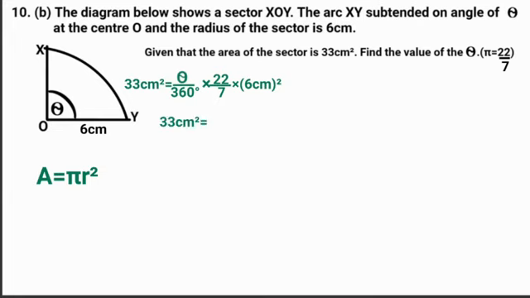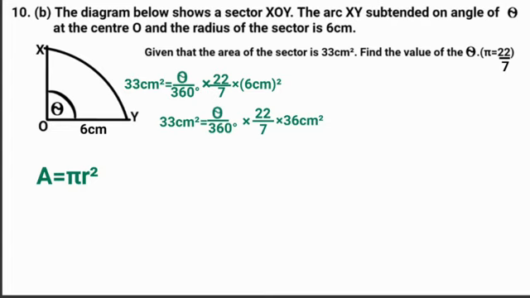Then I'm going to say 33 centimeter squared is equal to theta over 360 times 22 over 7. Then I'm going to evaluate 6 centimeter squared, which means I'm going to multiply 6 times 6, which gives me 36. So it's going to be 36 centimeter squared.